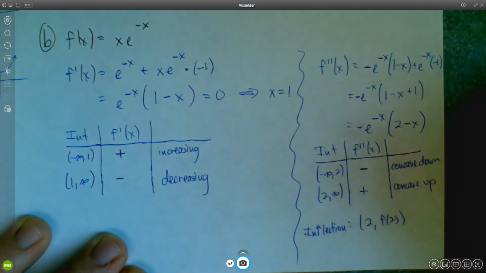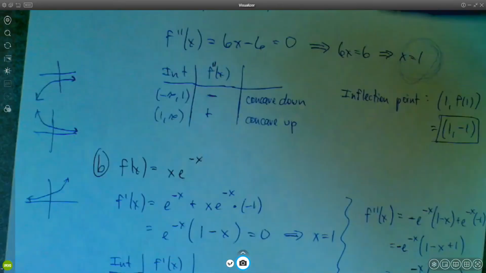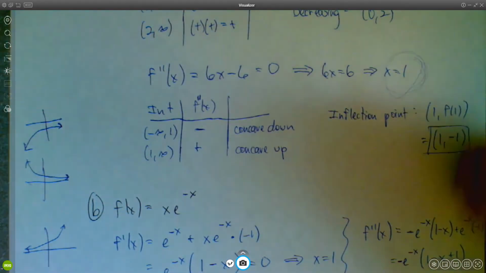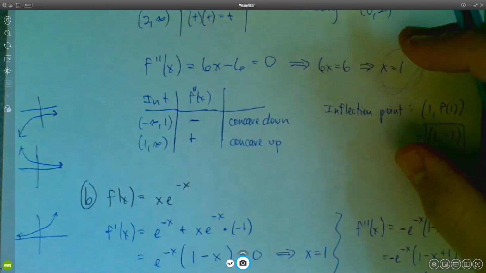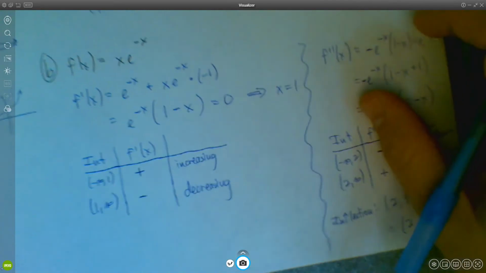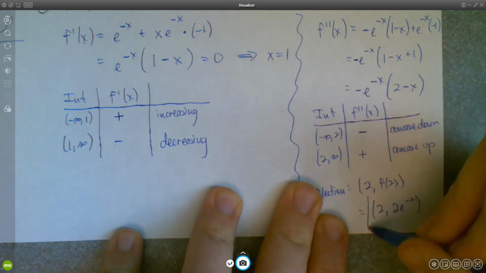F of 2, if I plug in 2 here, I'm going to get 2 times e to the negative 2, or in other words, 2 over e squared. So 2 comma, I'll just leave it 2e to the negative 2. But there you go, there's your inflection point.